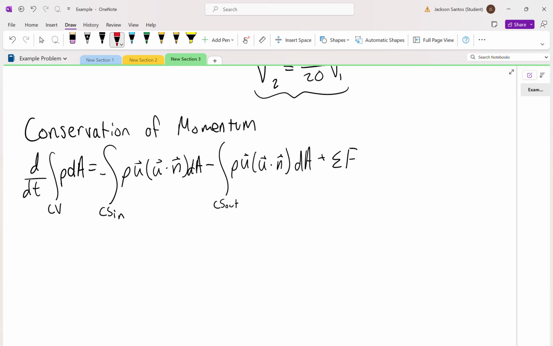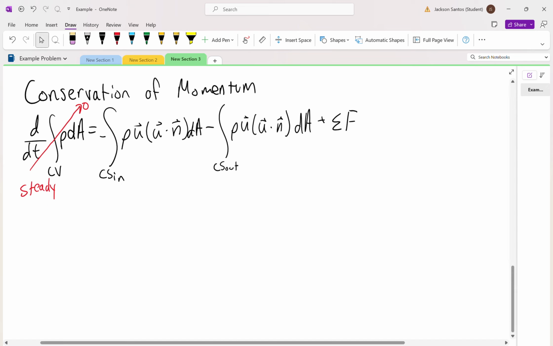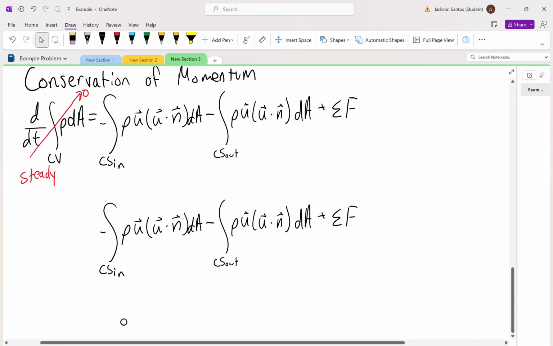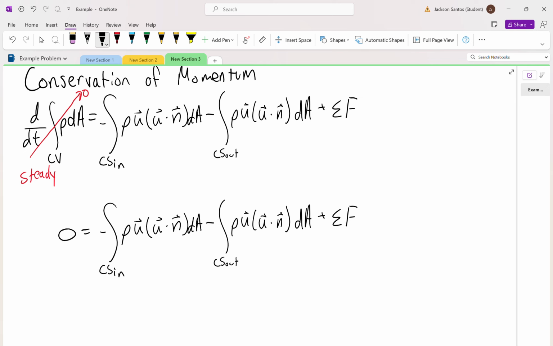So similar to the conservation of mass, this term on the left-hand side is going to go to 0 because it is steady. And then to rewrite this equation again, this time I am going to copy it. This is going to equal 0.